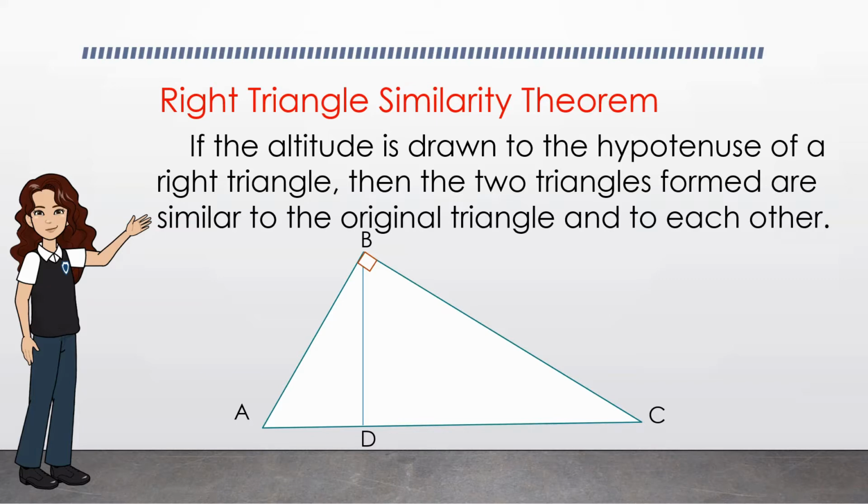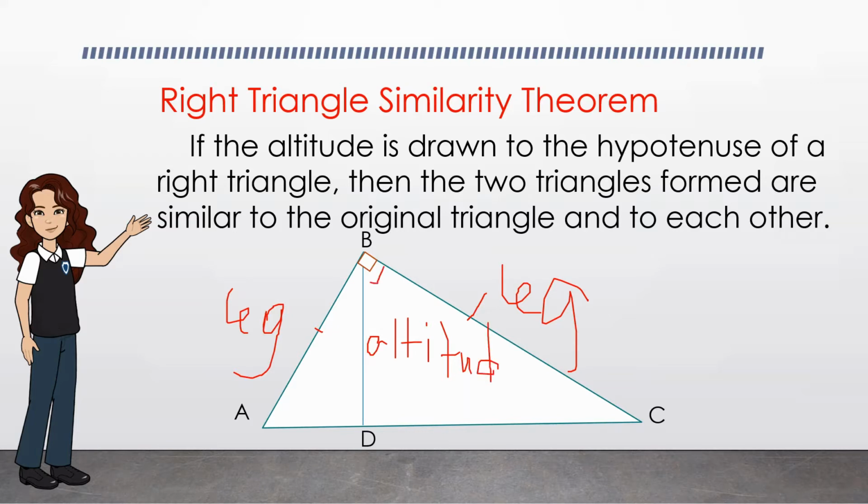So, in a right triangle, this is called leg. Another one, this is called also leg. And this is the altitude. Altitude or height is the same. And this is a right angle.